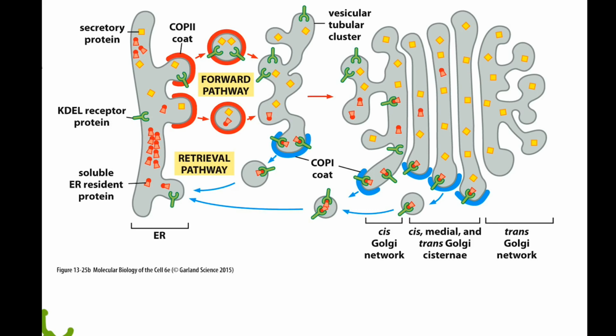So the way that's avoided is a system that is designed to recognize things that have escaped and package them back to the ER in these COP1 coated vesicles, and that involves recognition of that KDEL sequence, that 4 amino acid long sequence, by an integral membrane protein whose job it is to fetch it out of the Golgi or ERGIC and help it get packaged into the COP1 vesicles.